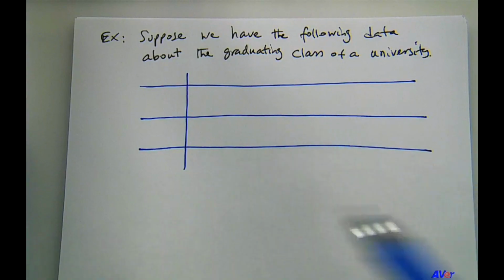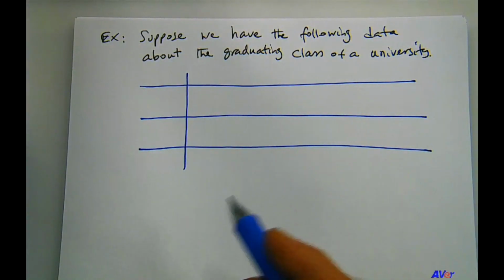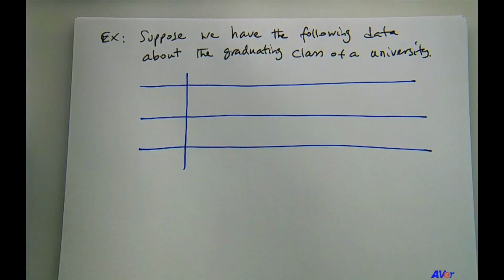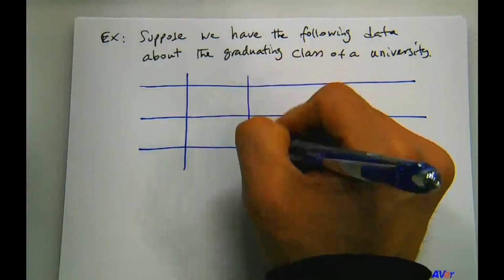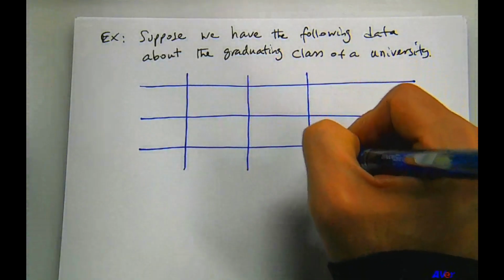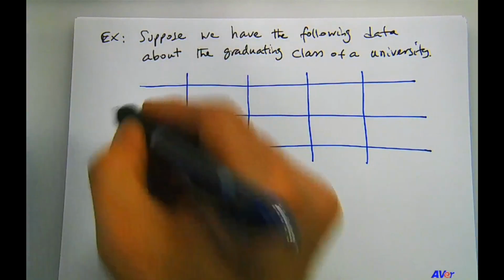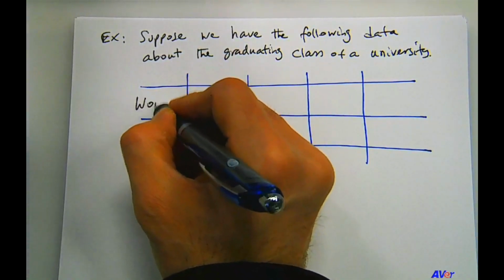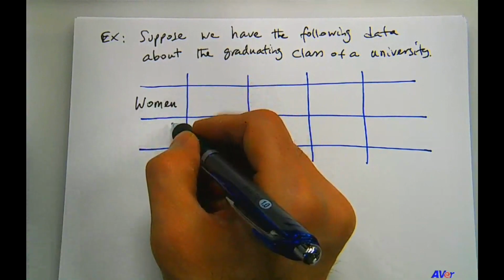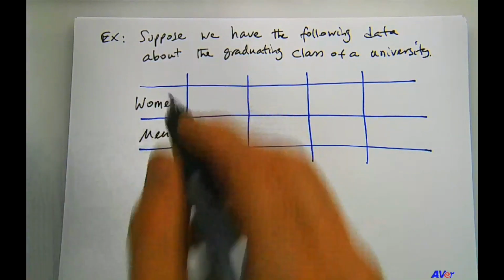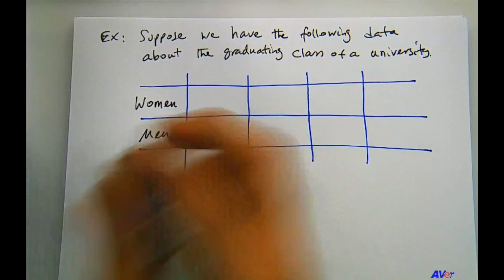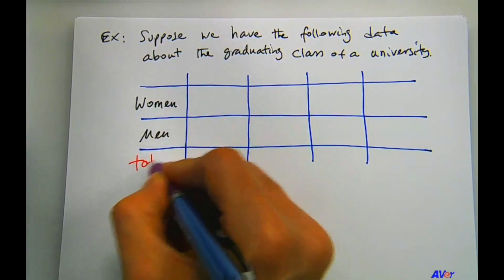They are frequencies, they are counts of certain random outcomes. So we want to label these columns. In this row, we have the data for women and then men. And of course, at the bottom, we have the total.